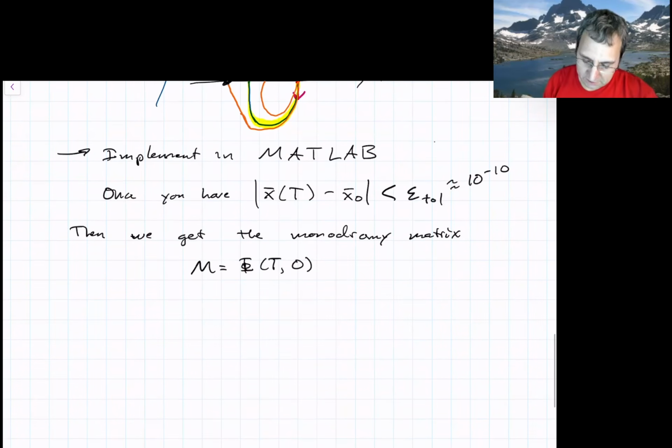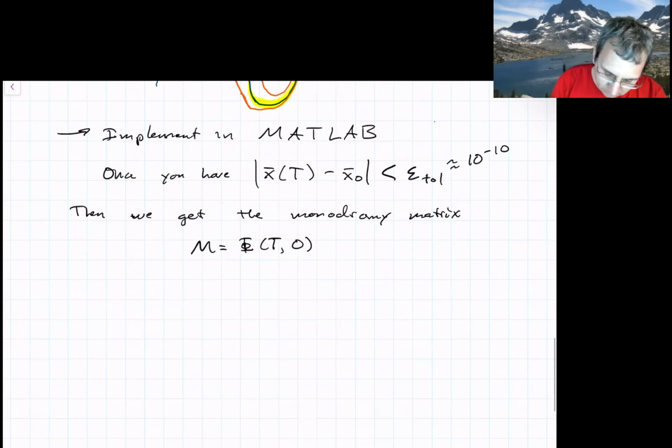Because this comes from a Hamiltonian system, there's going to be a certain type of eigenspectrum.